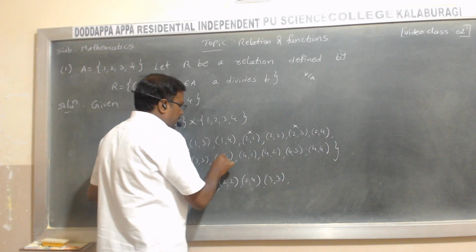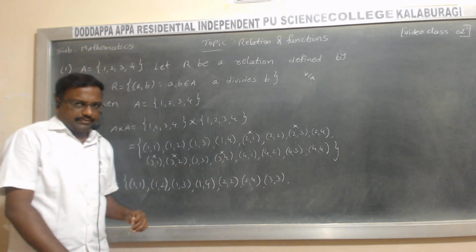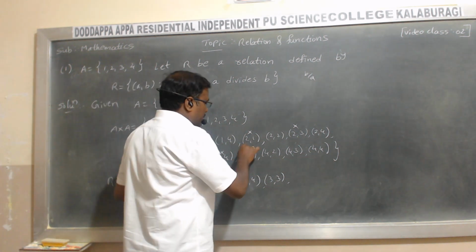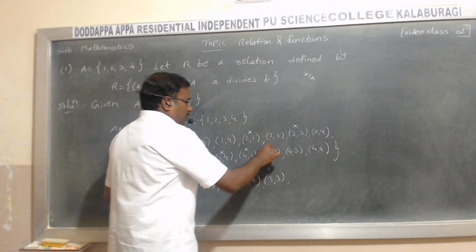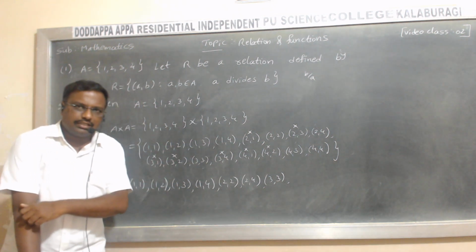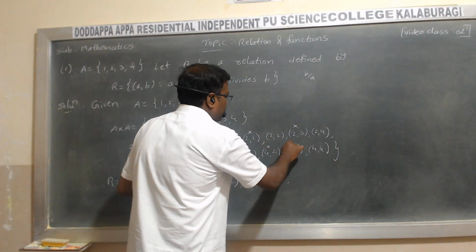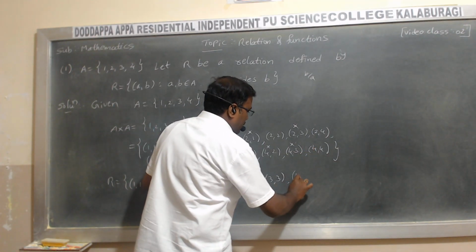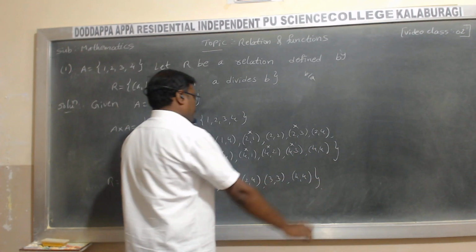Next this is 4 by 3, which is not divisible, so that's why it is not taken. It is also not possible because 2 by 4, which gives 1 by 2. Next last one is (4,4).